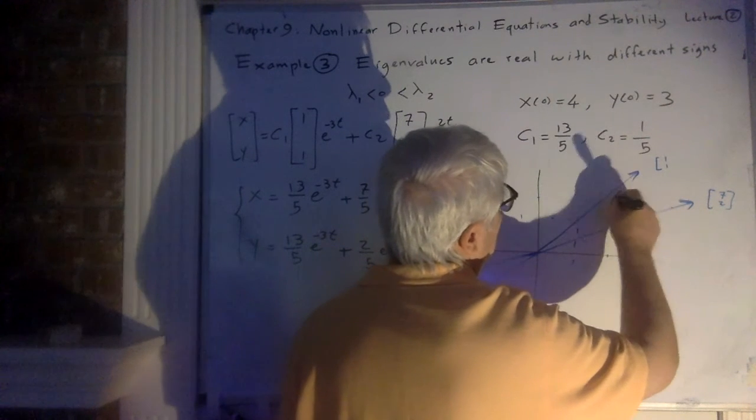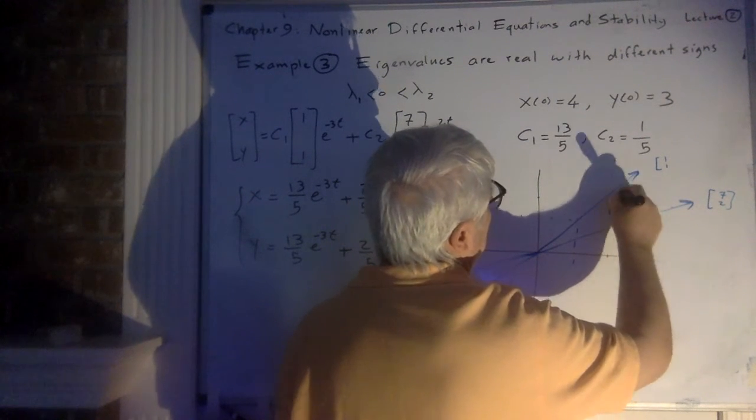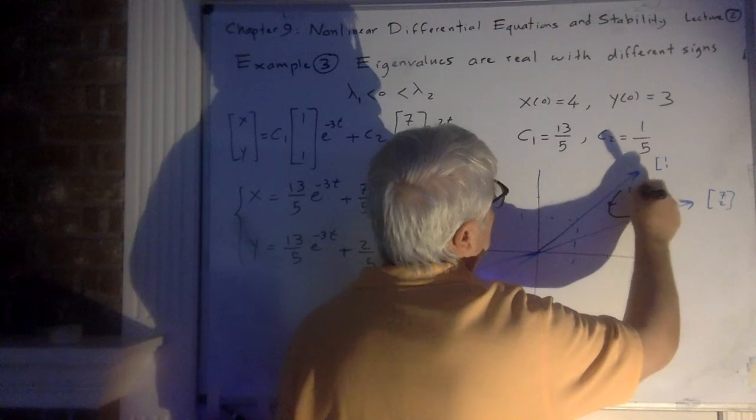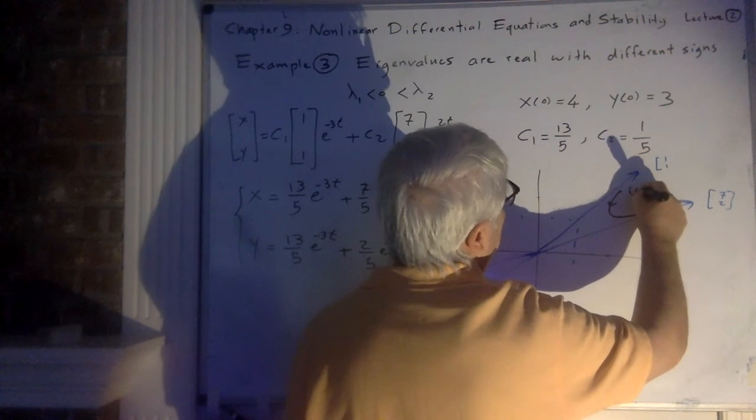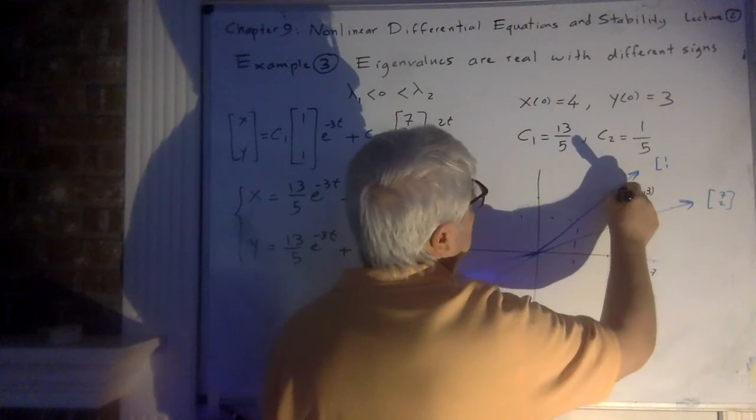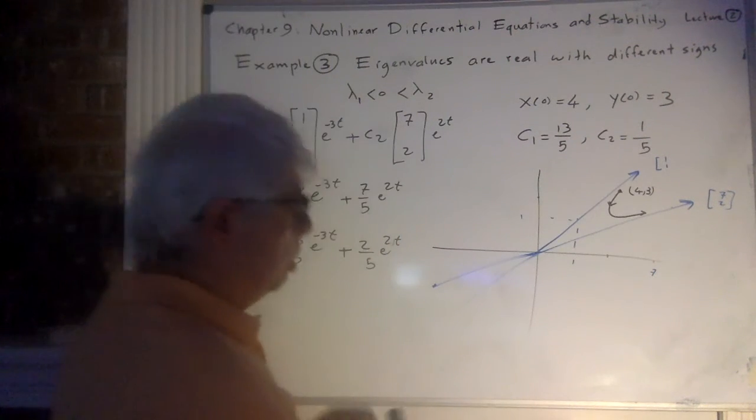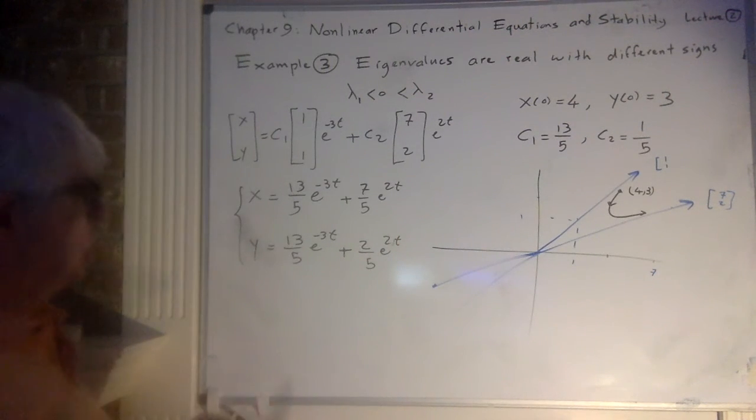So this is point 4, 3. The trajectory starts at 4, 3, and that's the graph of this.